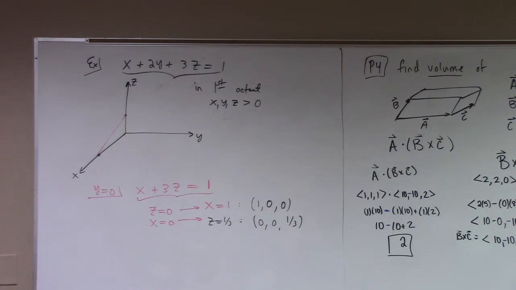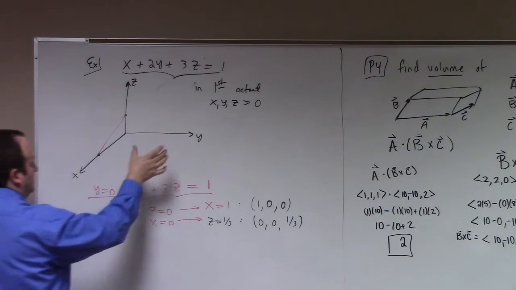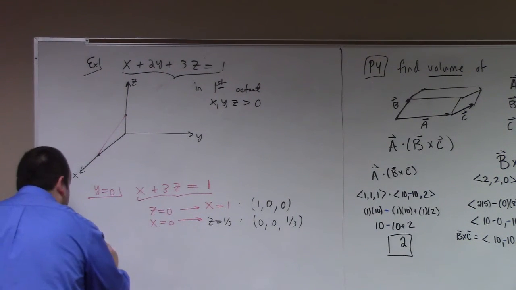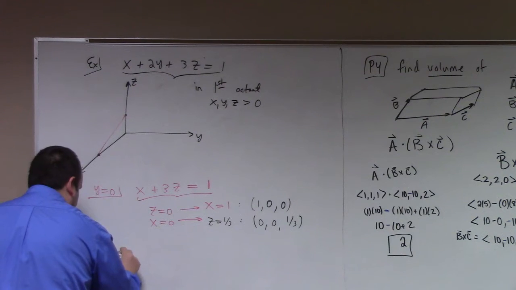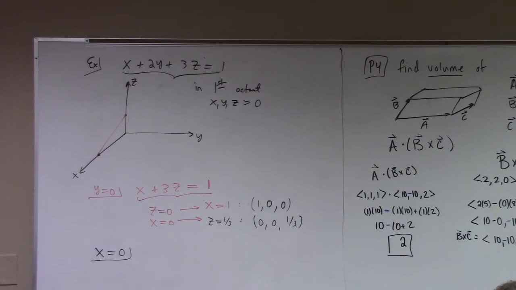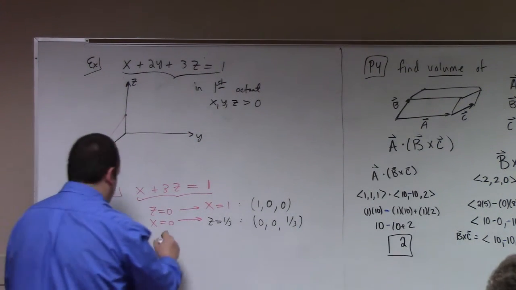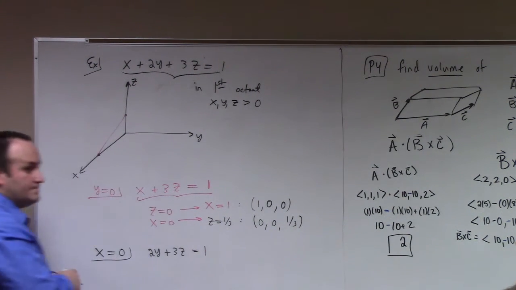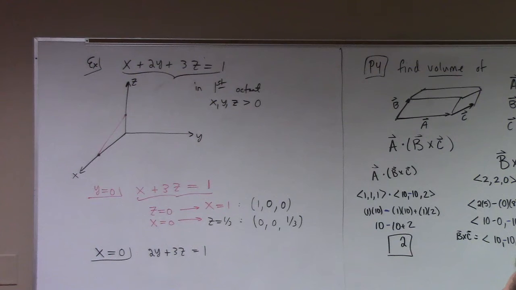And then I can look for the intersection of the plane with the y-axis, right? I can start with, okay, what happens at x equals 0? At x equal to 0, we have 2y plus 3z equals 1.